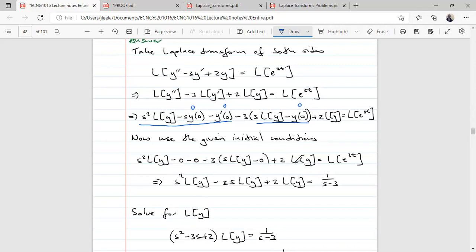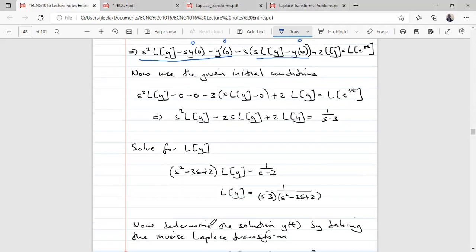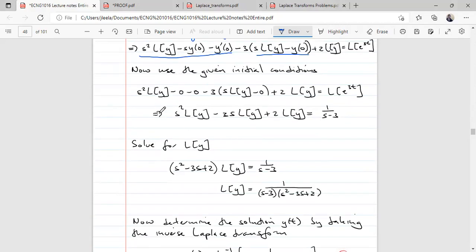So what you could do now, you could collect all the terms here with common factors. So this has Laplace of y, and this has Laplace of y in it here. So that the Laplace of y here now will be s squared minus 3s plus 2 in bracket times the Laplace of y.